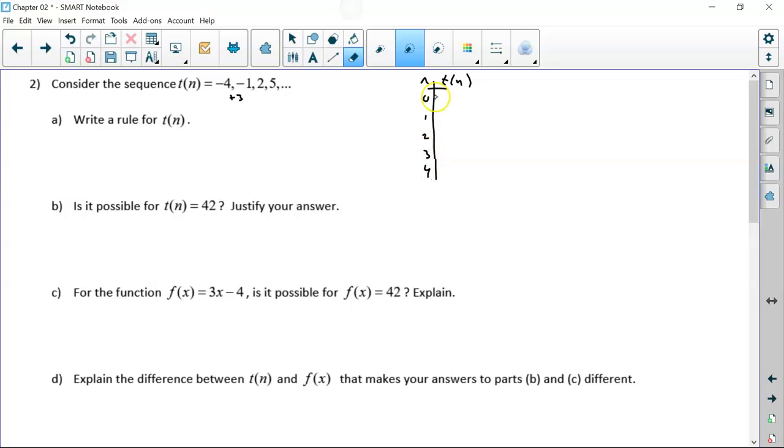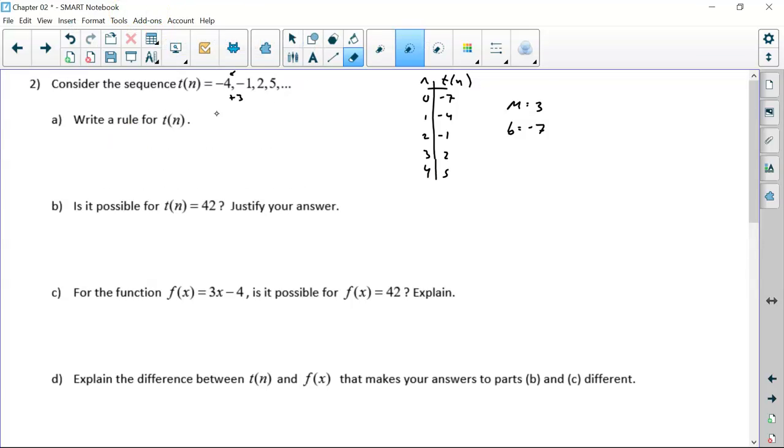Now, the given first part there, that's term 1. So term 1 is -4, -1, 2, and 5. We're adding 3, so to go backwards, we're subtracting 3, we're at -7. So our slope is 3, and our y-intercept, our value for b, is -7.